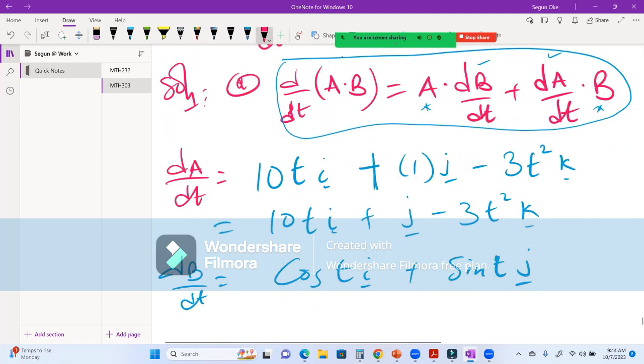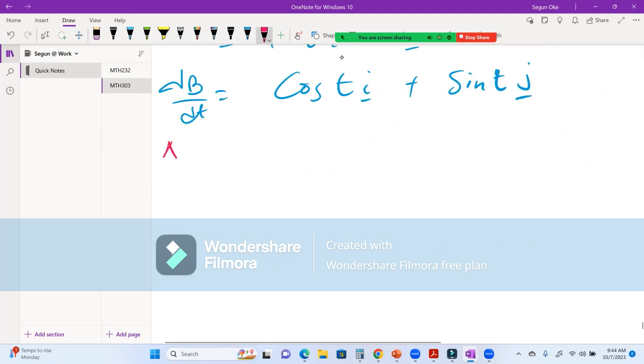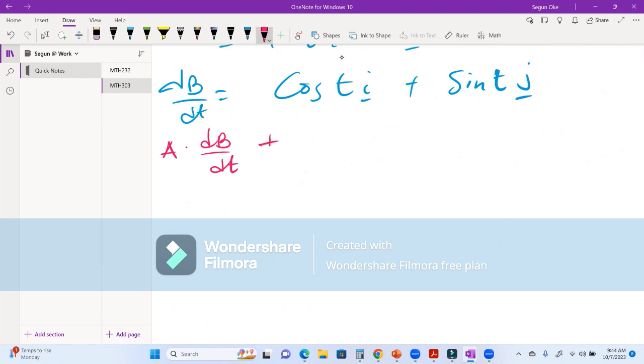So let's find the dot product of A dot dB/dt. Let's do it one by one. It's going to be A dot.